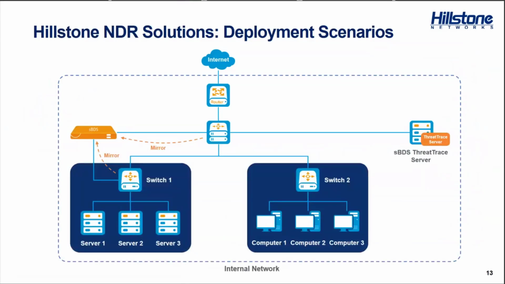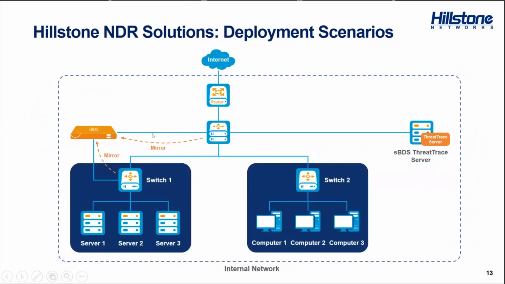Here's a graph of how it is deployed. In this case, you can see on the bottom left, we can deploy this BDS device near the aggregation switch, which can monitor all the traffic in and out of the switch here.